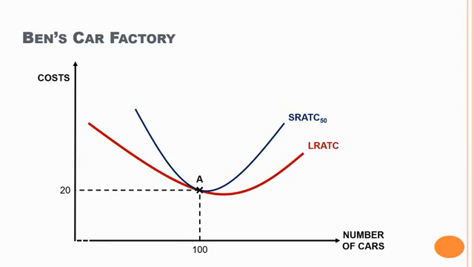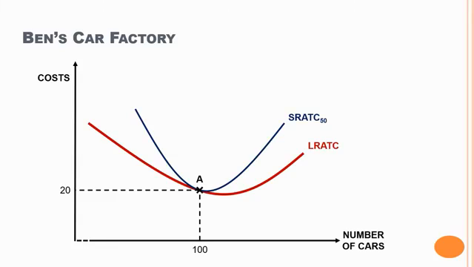So you will have one short-run ATC curve for 50 machines, one for 51, one for 52, and so on and so on. Okay, but you see that when you have 50 machines initially, it is when producing 100 cars that you will minimize your cost of production. And in this case, your cost in the long run is the same as your cost in the short run.